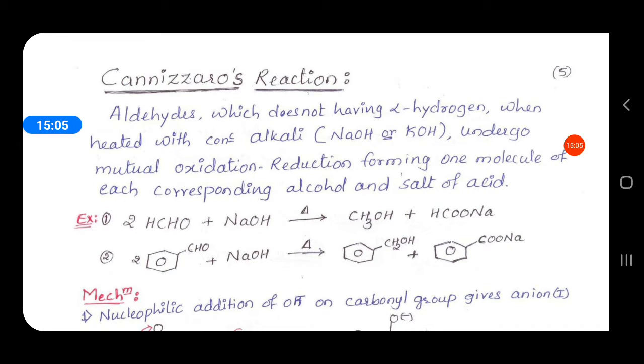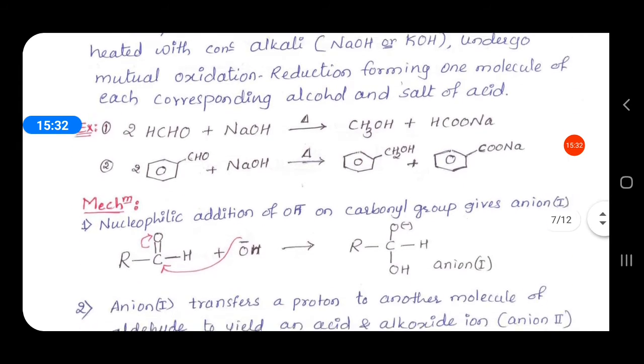Not weak base exactly, dilute base is used in aldol condensation and concentrated base is used in Cannizzaro reaction. In the aldol condensation, aldehydes which have alpha hydrogen react. In the Cannizzaro reaction, the aldehydes which do not have alpha hydrogen react.